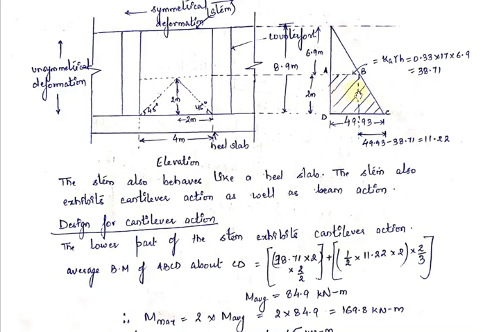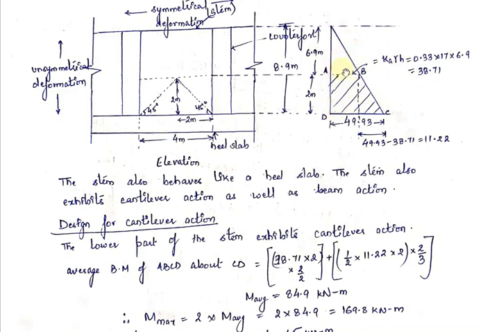If you see this diagram, it is composed of two shapes. One is a rectangular shape and the other is a triangular shape. Now if I sum the rectangular force and the triangle force and take the moment of both the forces, I will get the average bending moment. For the rectangular portion, the area is length into width.